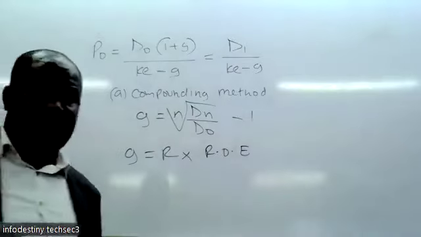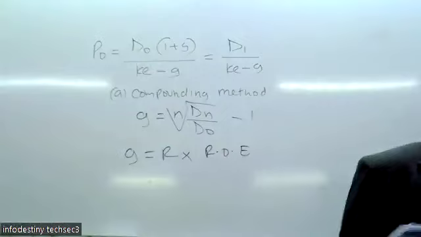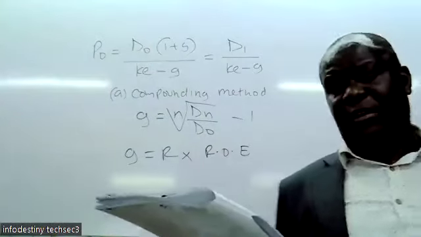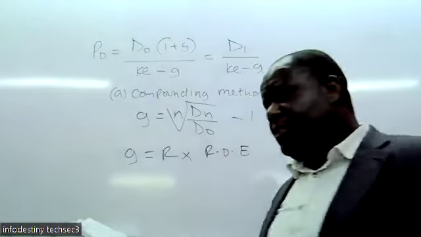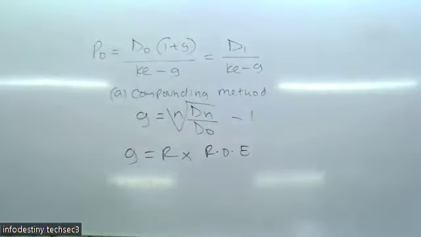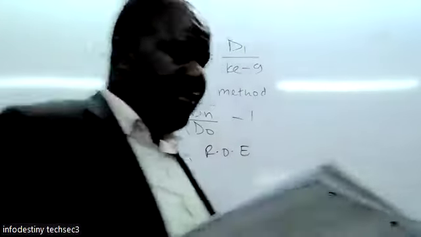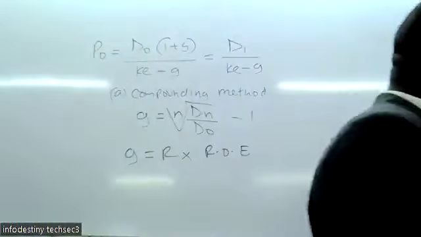They gave you the years 2013, 2014, 2015, 2016, 2017, and also the dividend per share and the earning per share.